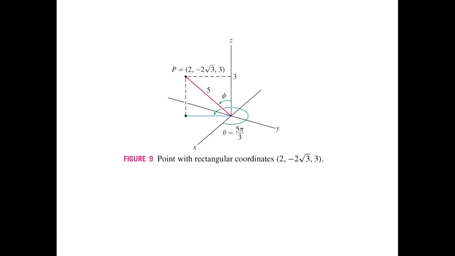Now, phi, remember how we did that? The sine of phi was r over rho. R you get from the square root of x squared plus y squared.